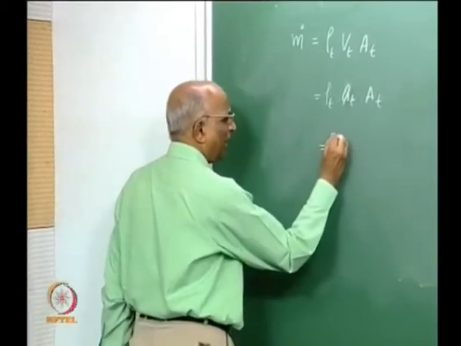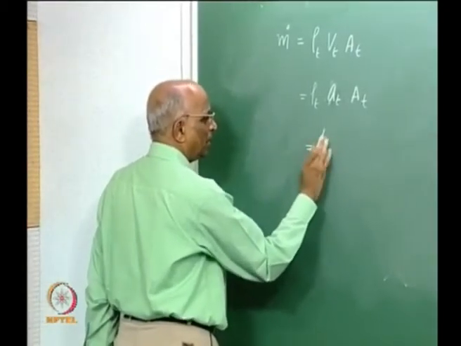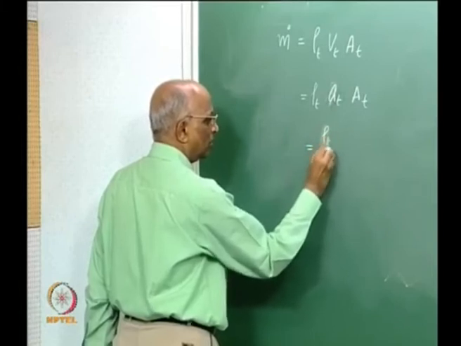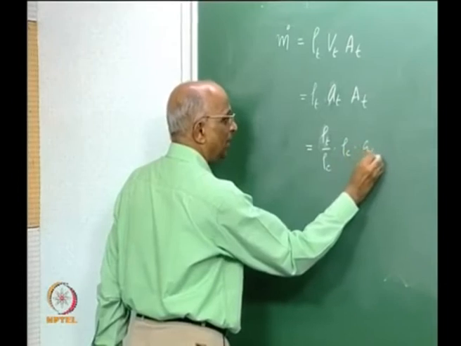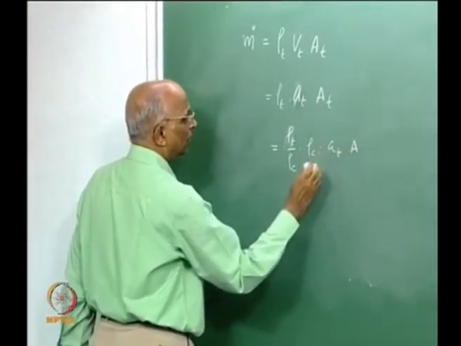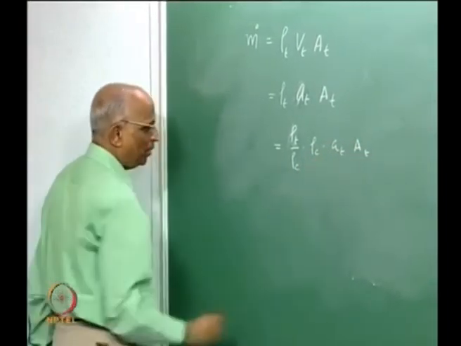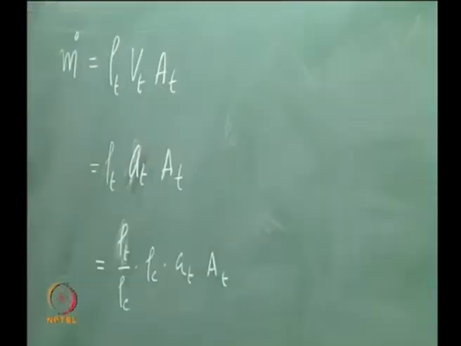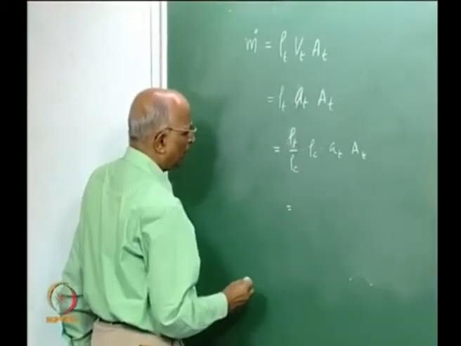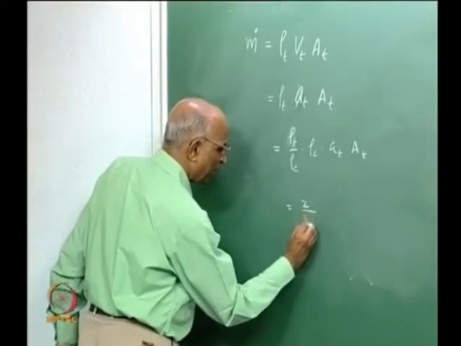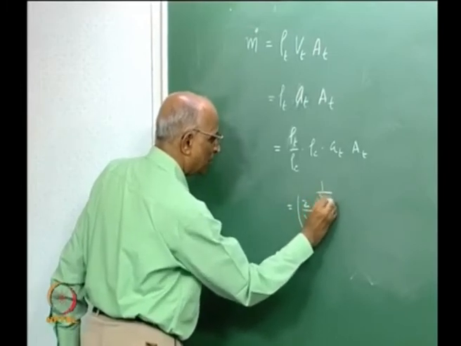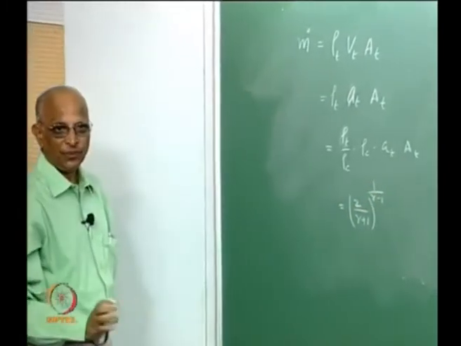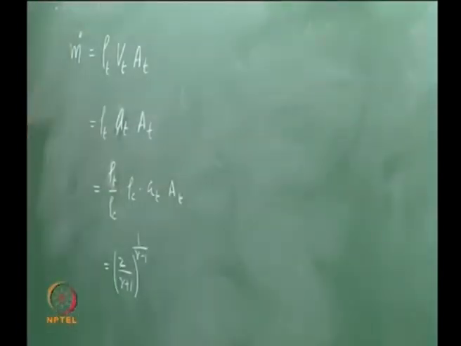Let's do that. I have rho T by rho C into rho C into At into the sound speed. Now rho T by rho C we already know is equal to 2 over gamma plus 1 to the power 1 over gamma minus 1. Please let's keep track.